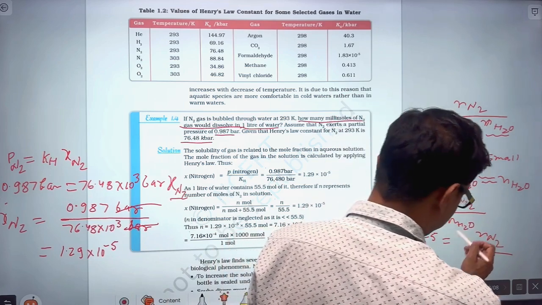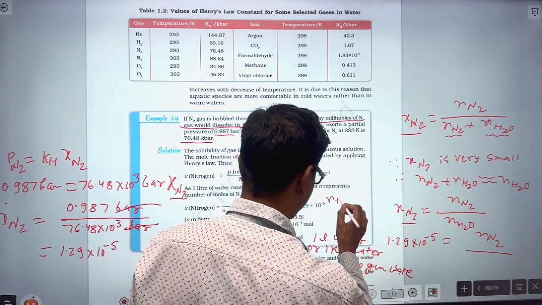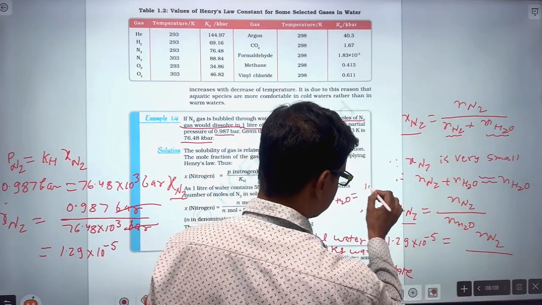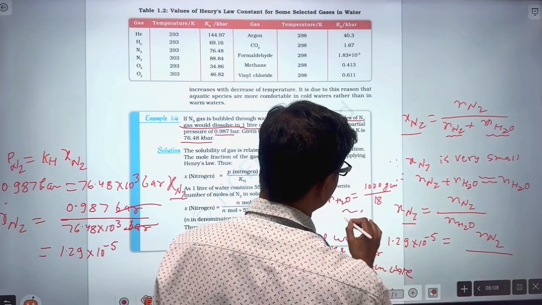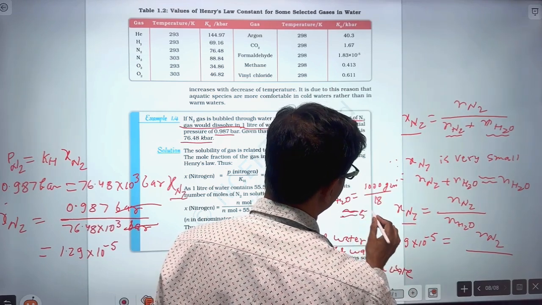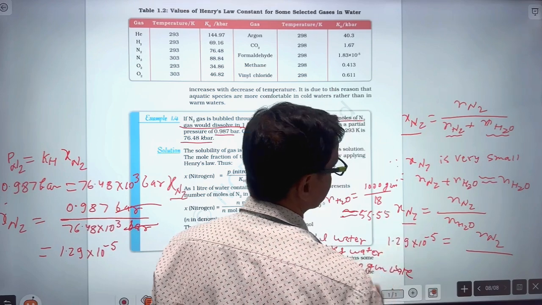So the number of moles of water will be equal to 1000 gram upon 18. When you divide this, that will be 55.55.